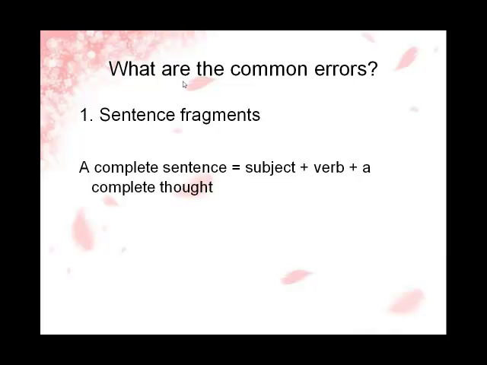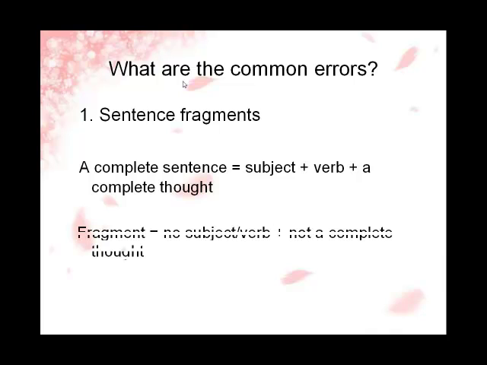A sentence fragment occurs when you forget one of these parts, but still capitalize and punctuate your words as a complete sentence. In a word, a complete sentence equals subject plus verb plus a complete thought. Fragment equals no subject or verb, or not a complete thought.